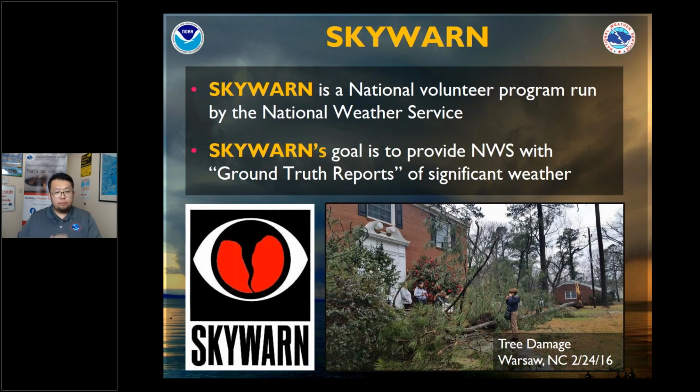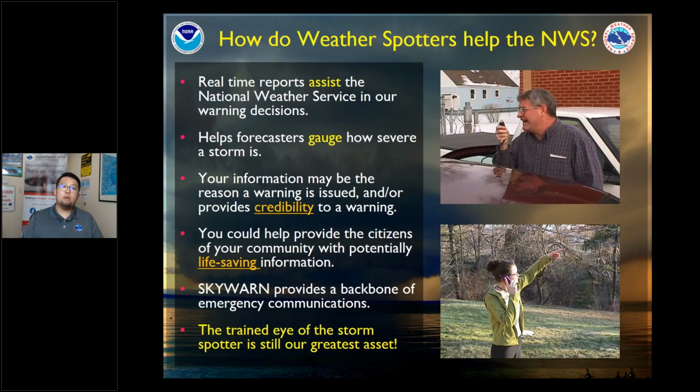These storms may look vicious on radar, but we need to know what kind of impacts we have on the ground. And that's where our SKYWARN spotters come into play. You provide real-time reports to assist the Weather Service in our warning decisions and help us gauge how severe a storm is. Again, the instruments we have are fantastic.